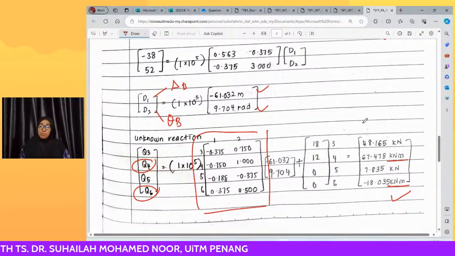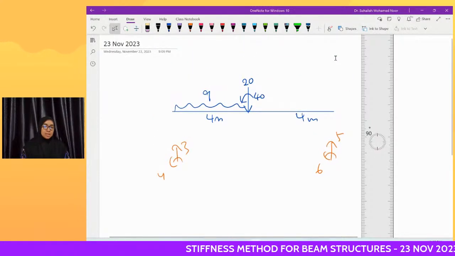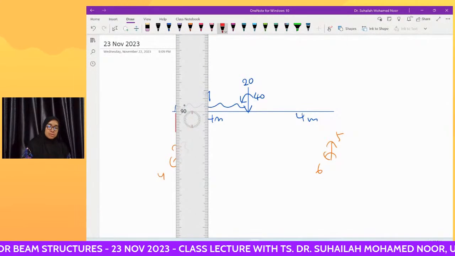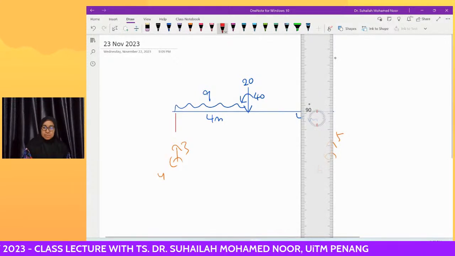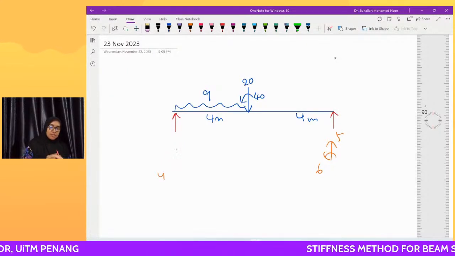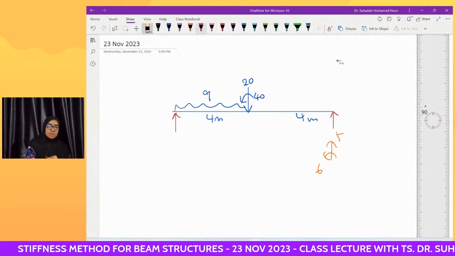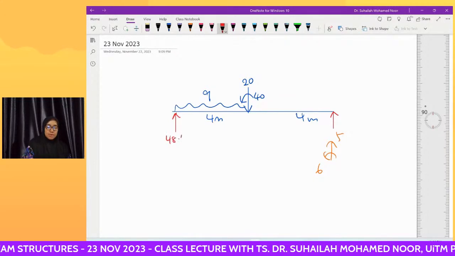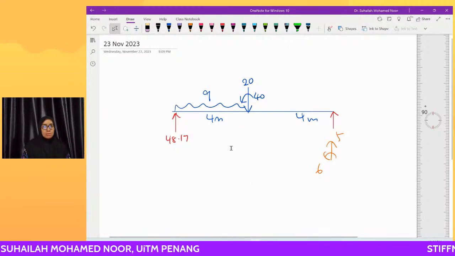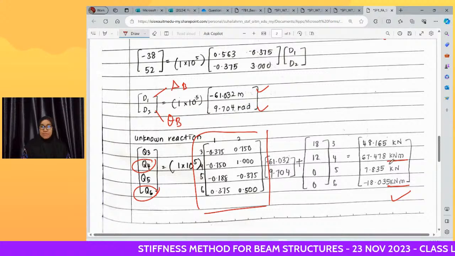Q3 is 48.17. The moment means Q4. So Q4 is 67, positive.